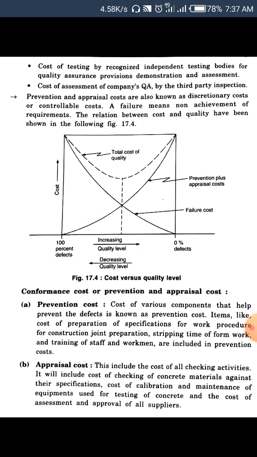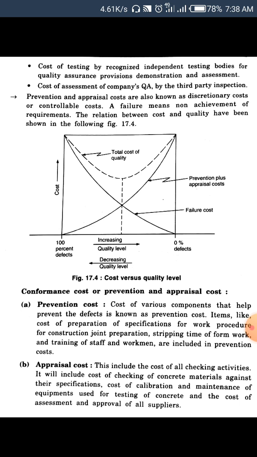Prevention cost is the cost of various components that help prevent defects. Items like specification for the procedure for construction joint preparation, stripping time of the formwork, and training of the staff or workmen are included in prevention cost.